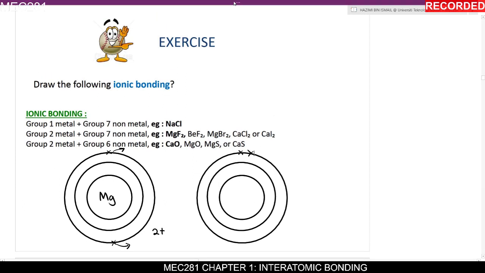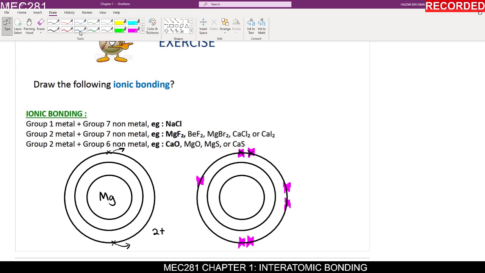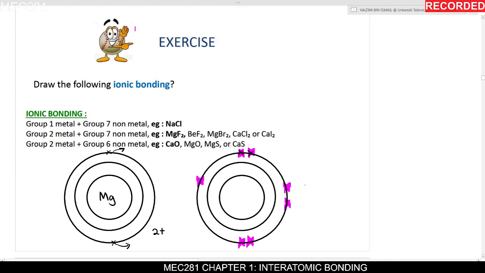Okay, I use the other color. It has 7 electrons in the most outer shell. So 1 electron from the magnesium can be donated to 1 fluorine atom. Okay, so now it is complete for the most outer shell.